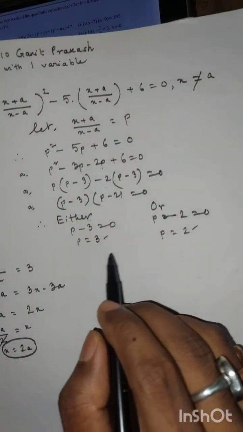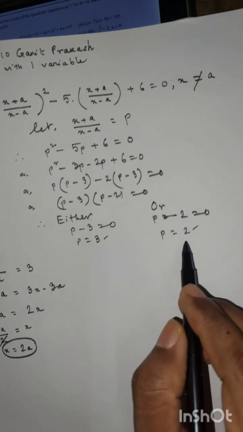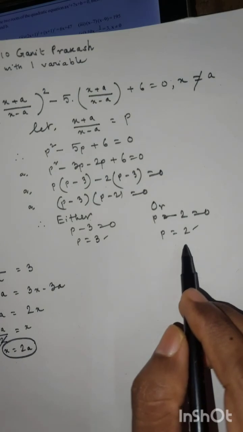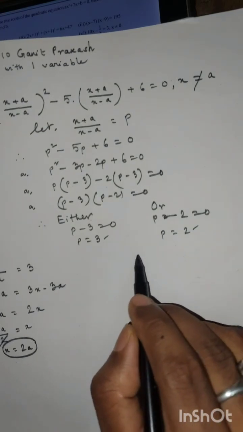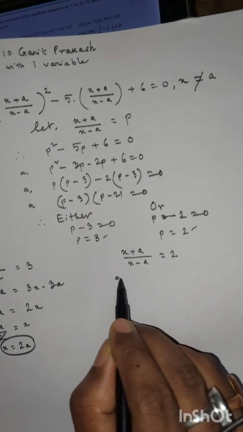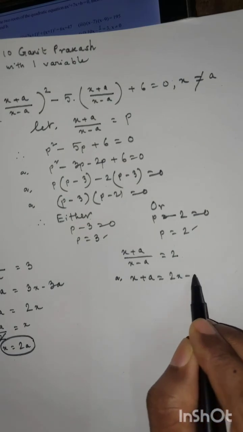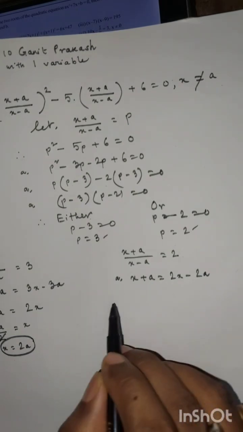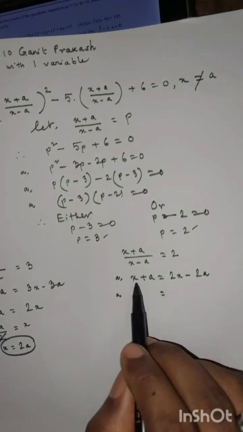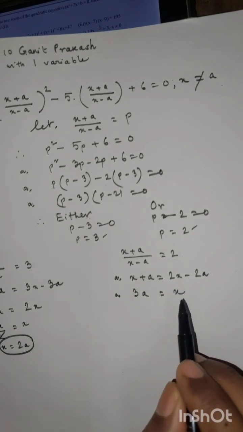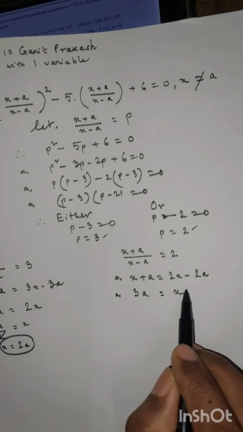Now if we take the value of p as 2, we can write, if we take x to the right side and minus 2a to the left side, it becomes, or the value of x is 3a.